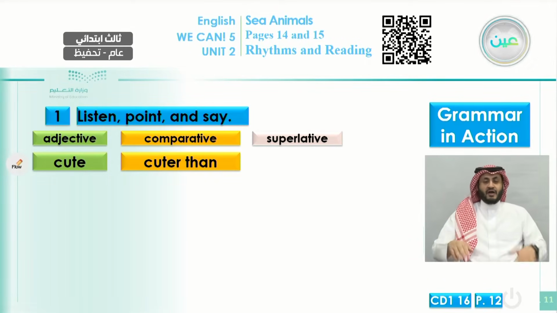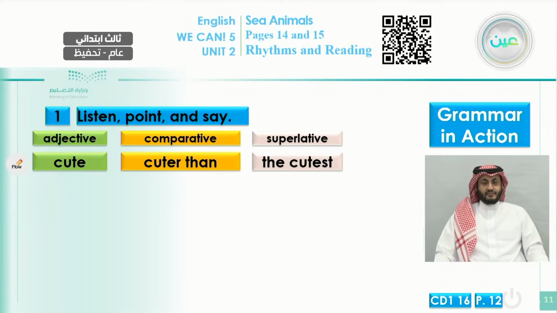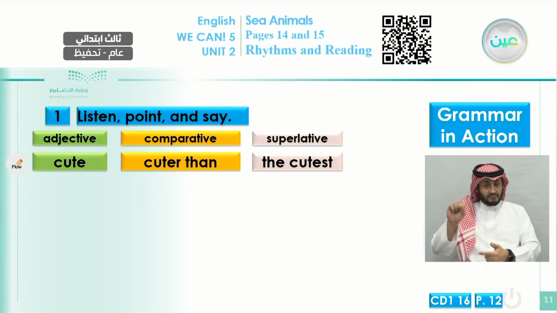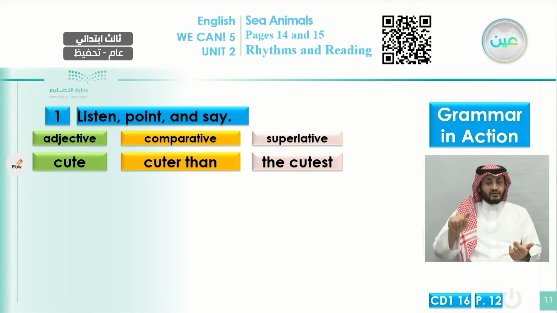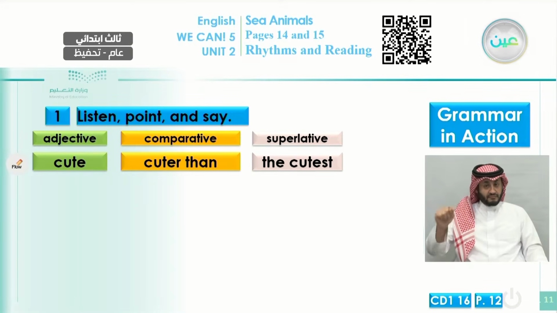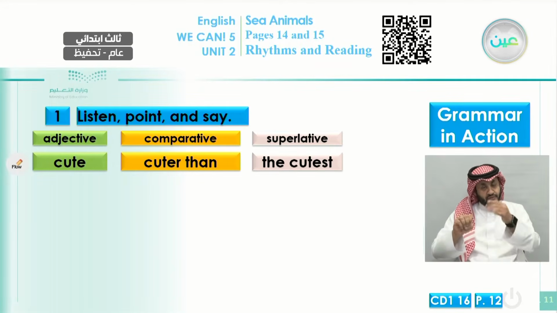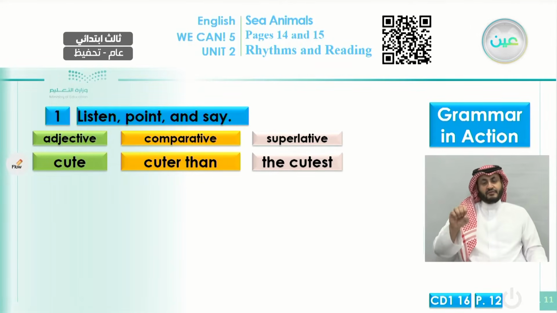So the baby seal is cuter than, for example, the dolphin. But we cannot use this adjective for the shark because the shark is not cute. We can say the baby seal is the cutest among the 3. So we can use the adjective cute, cuter than, and the cutest.